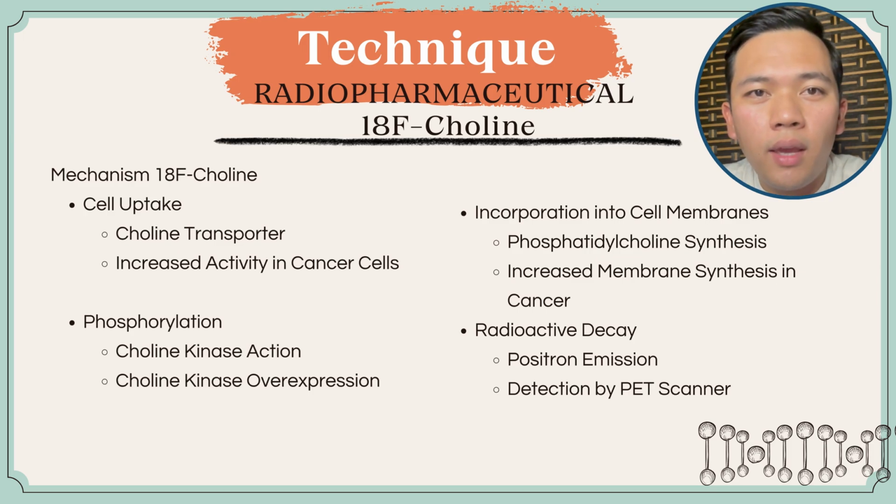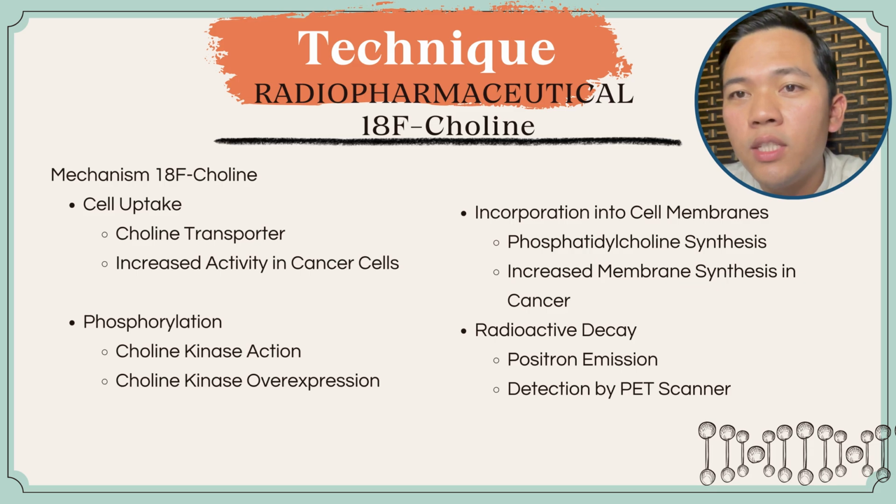What is 18F choline? 18F choline is a radiopharmaceutical that combines choline, an essential nutrient involved in cell membrane synthesis, with the radioactive isotope fluorine. This combination allows us to visualize areas of high metabolic activity in the body using a PET scan.